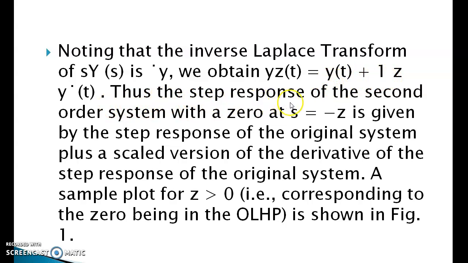Thus the step response of the second order system with a zero at s equals minus z is given by the step response of the original system plus a scaled version of the derivative of the step response of the original system. A sample plot for z greater than 0, corresponding to the zero being in the OLHP, is shown in figure 1.